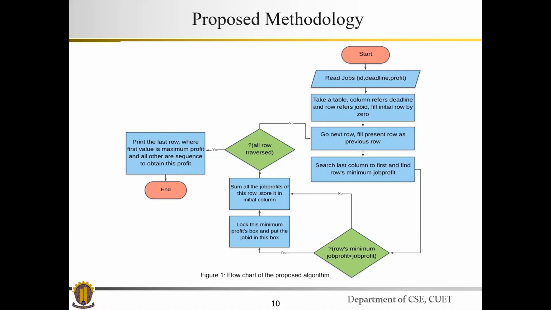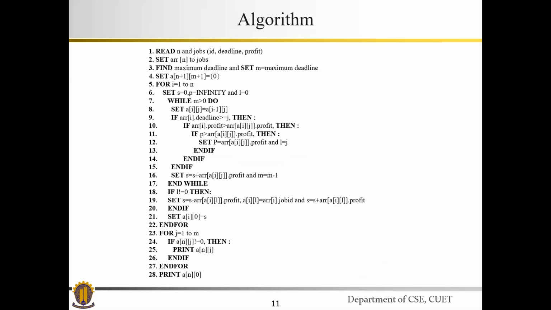If not, then sum all the profit of this row and store it in the initial column. When all the rows are traversed, print the last row, where the first value is the maximum profit and the rest is the sequence. Next I have a different flowchart and the algorithm.